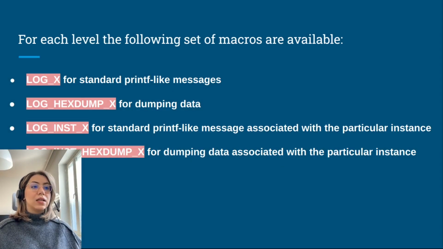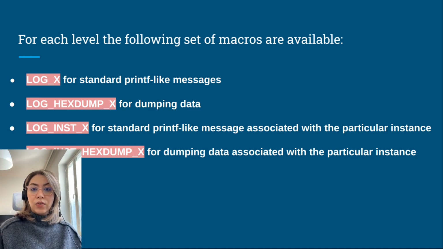Now let's dive deeper into how we use these log levels in Zephyr. Zephyr provides different macros for logging, depending on what we need to log. For standard logging, we have LOG_X.